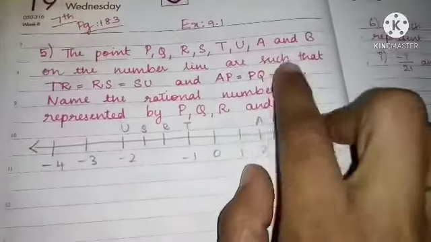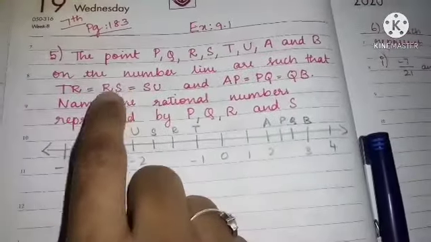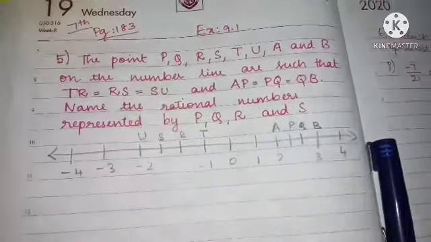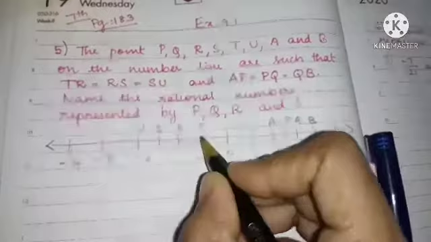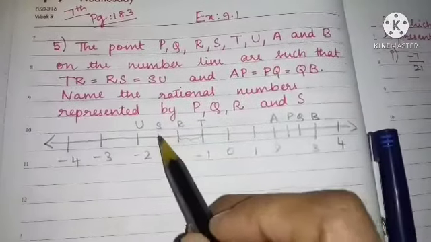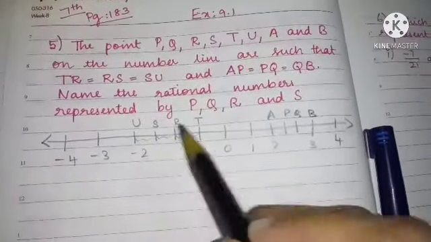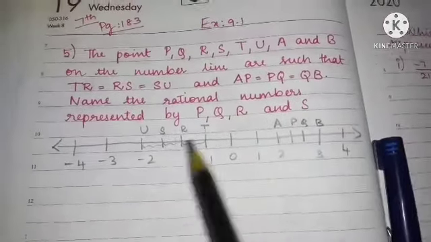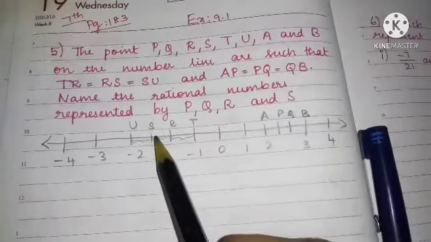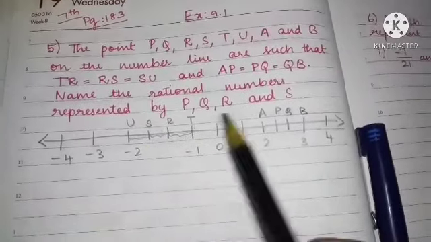Such that TR is equal to RS is equal to SU. Which means, listen, TR this length, RS this length, SU this length, all the three lengths are equal.